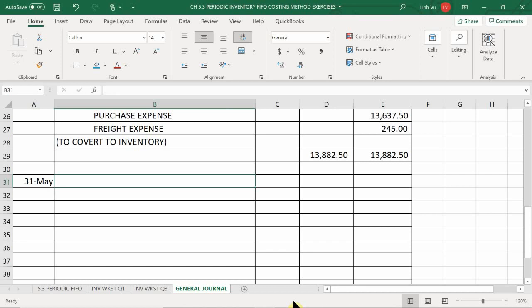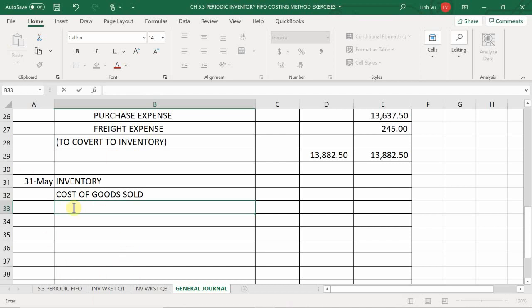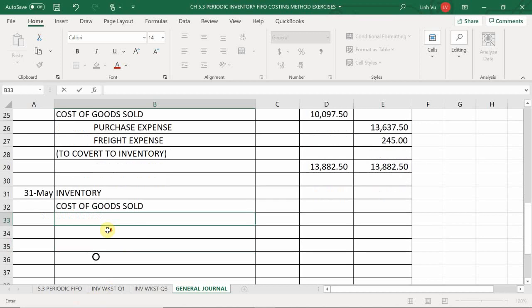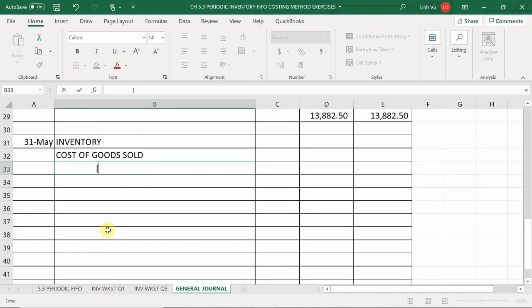Let's go through the whole thing first. What was my ending inventory? 400 units. Okay, in this case, I can't journalize 400 units. No, sorry, 2,495. Yes, I have to do 2,495. How much was my cost of goods sold? 11,840.